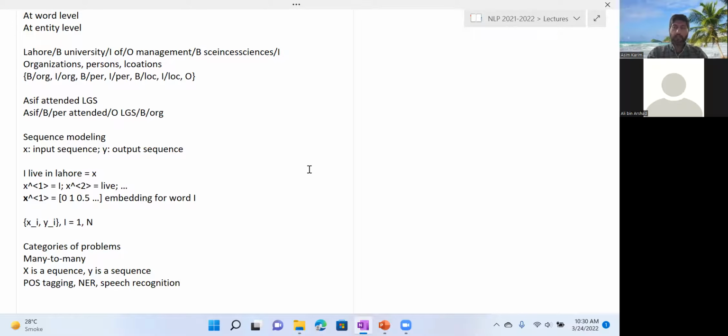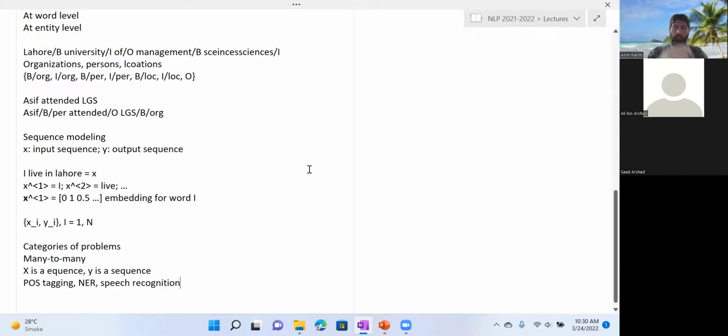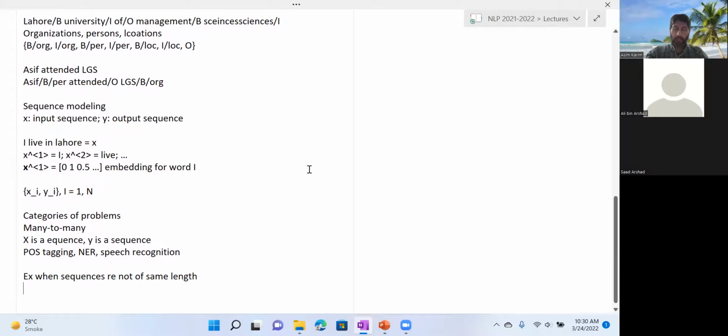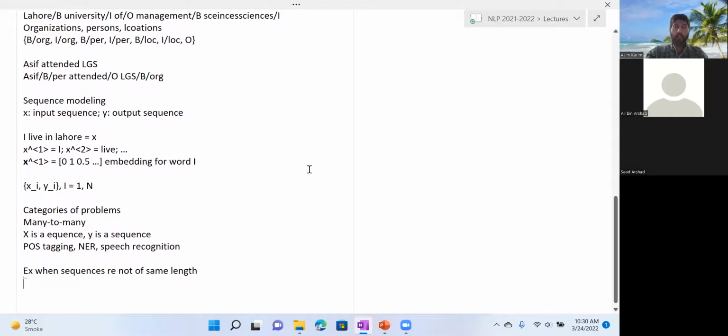So in all of these examples, the length of the input sequence and the length of the output sequence is the same. But in many to many, you can also have scenarios in which the input and output sequences are not of the same length. So can someone think of some example? For example, machine translation.